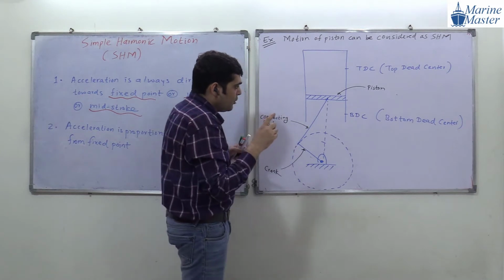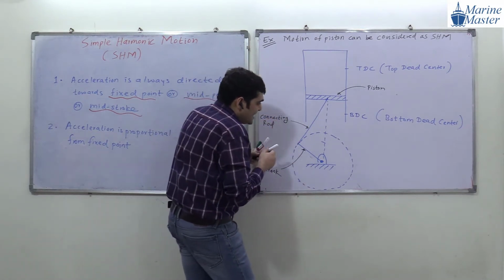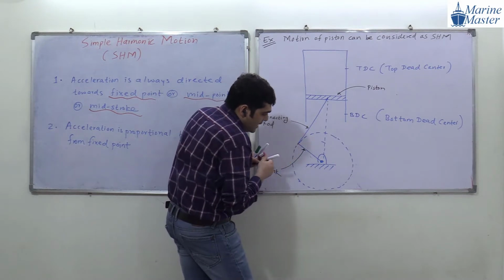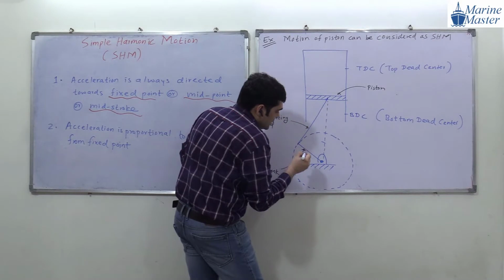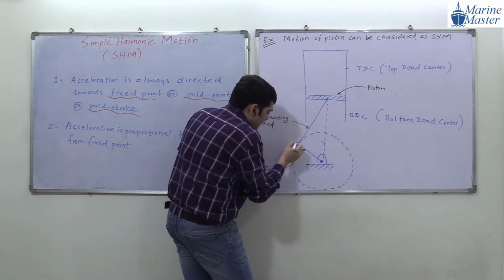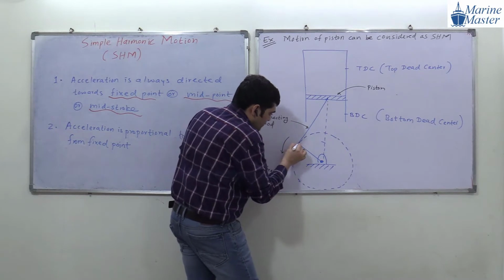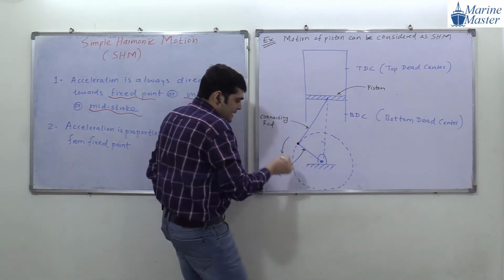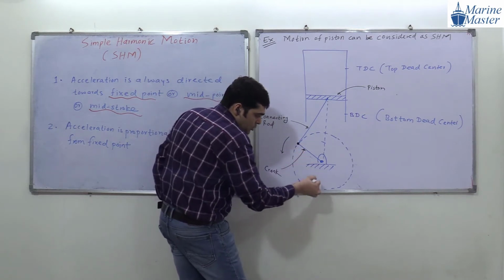So guys, see the point here. I'm explaining a very, very important point. Suppose, just assume that our crank is rotating like this. Suppose our point is at this location, the crank is at this location.